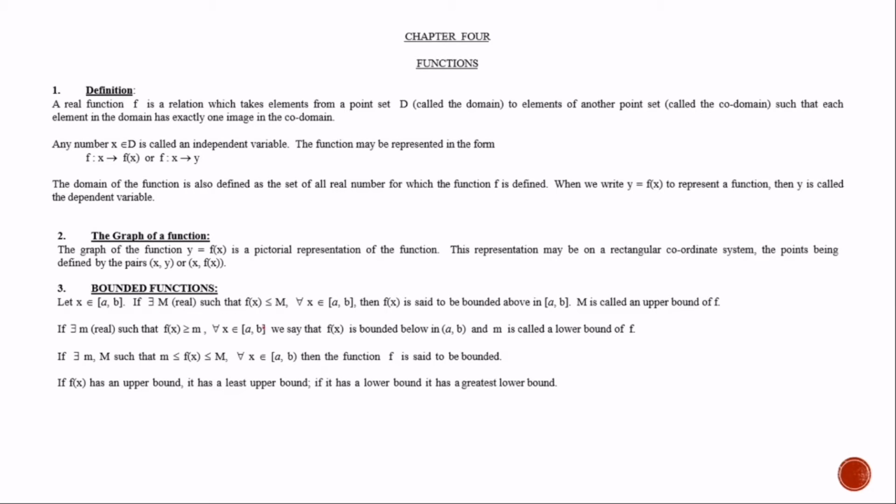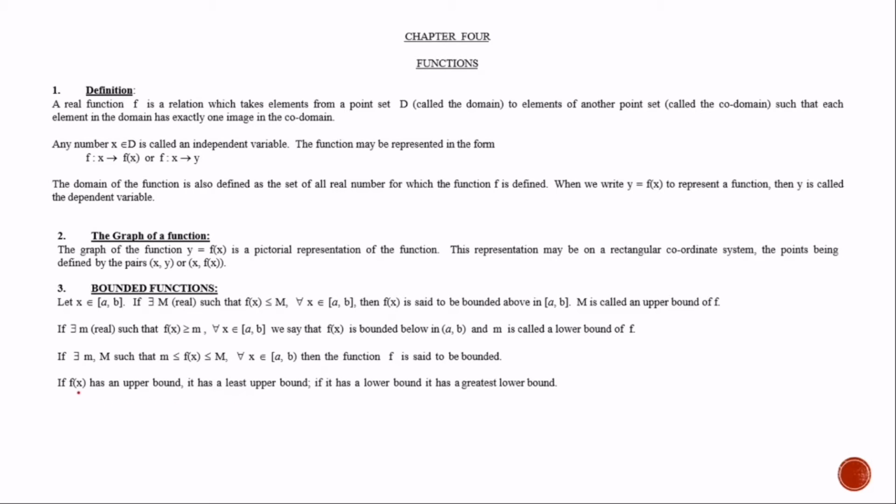What this means is that if there exists M such that M is greater than or equal to f(x) for x in [A, B], then f(x) is said to be bounded above, with M being the upper bound of f, and we have m being the lower bound of f.